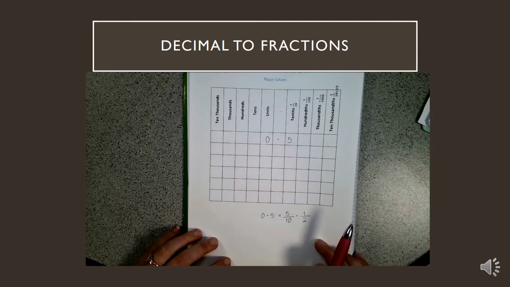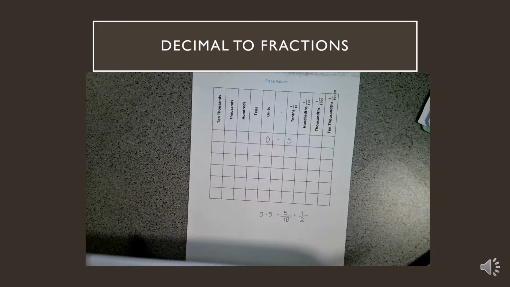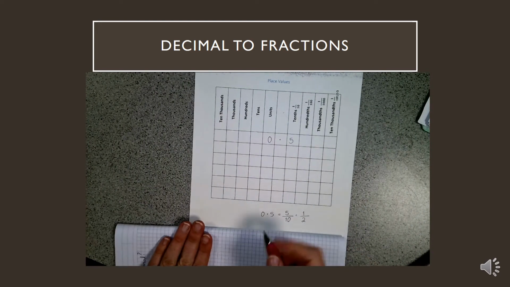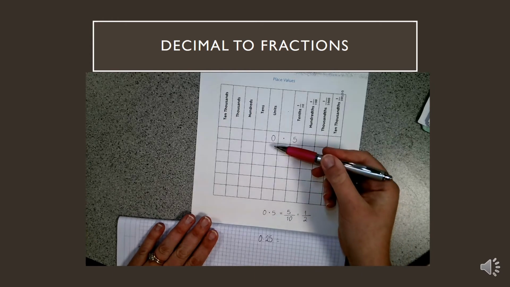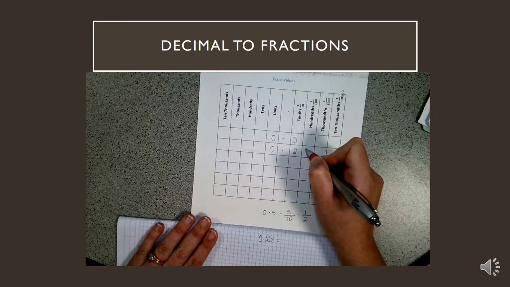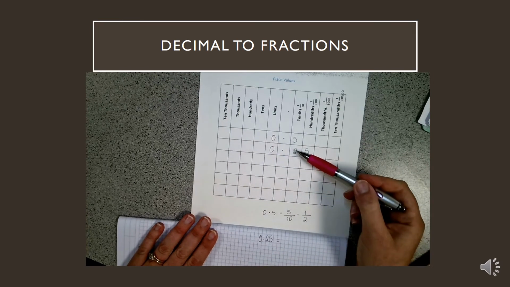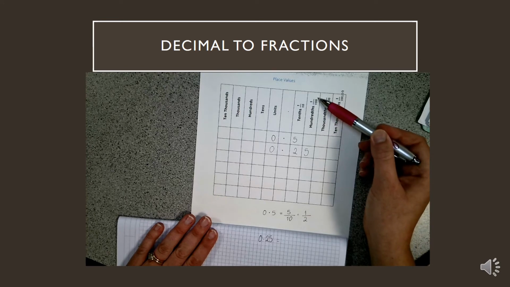Let's repeat that now with 0.25. So let's fill it in to the place values, 0.25. Okay, so we have 2 in the tenths and 5 in the hundredths. So the hundredths is as far as we go.